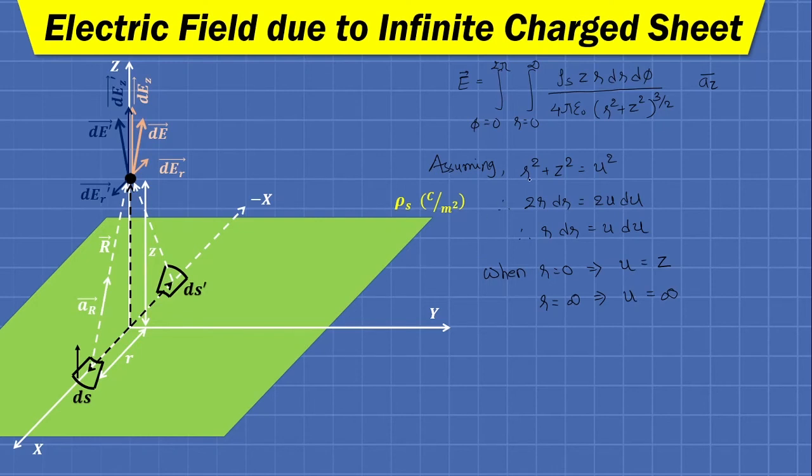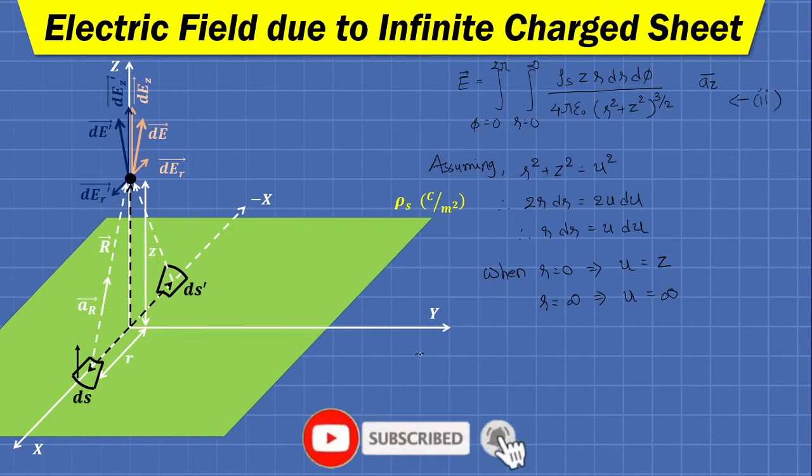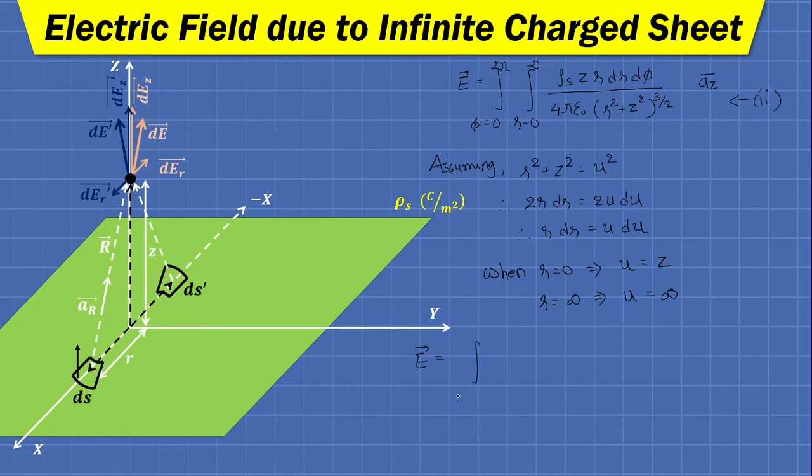Okay, so adopting this manipulation in our equation number 2, let us give it as equation number 2, then this equation will now become e bar equals integration 0 to 2 pi integration. Now this manipulated limit has been changed from 0 to infinity to z to infinity. This is the limit of phi, 0 to 2 pi.